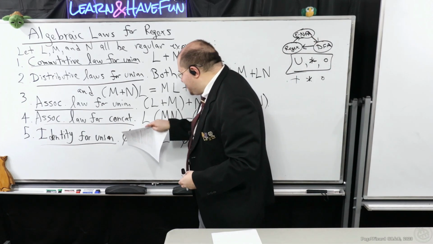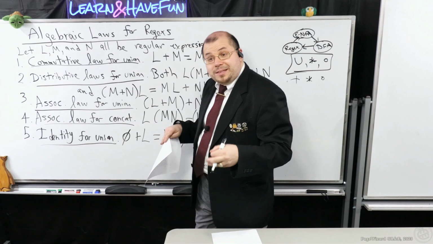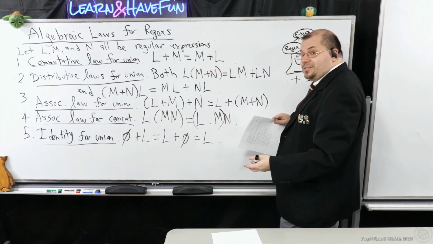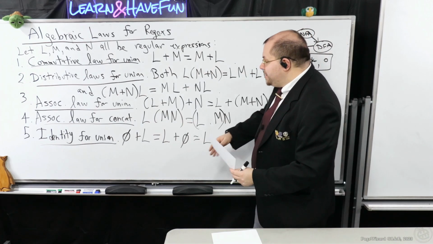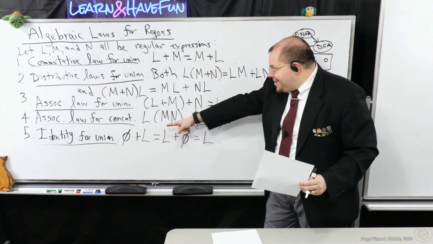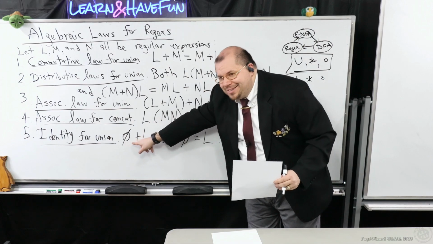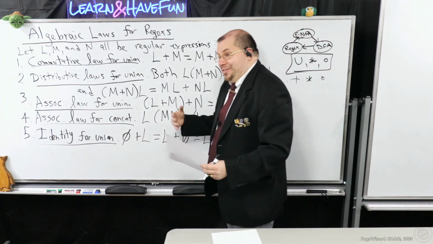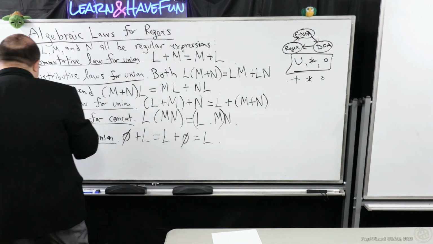This is the empty language. The language of that expression is just the empty set, or empty language. Union with something, this guy's not going to contribute anything. So whatever is left is going to be whatever's left. If it was empty, then it's just empty.